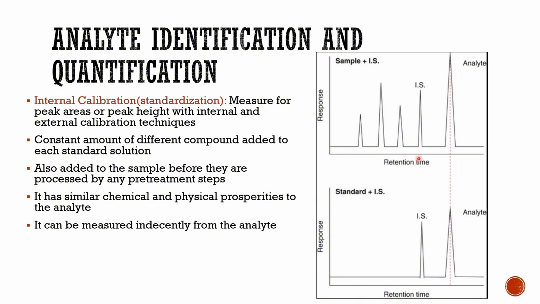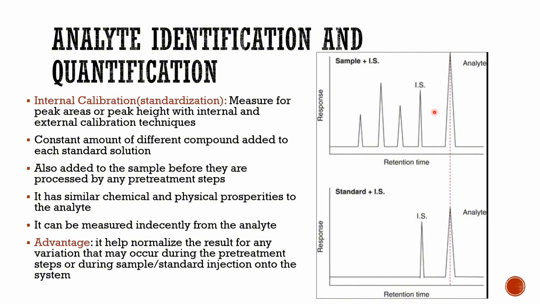So here you can see the internal calibrator, and here the sample and the external calibrator. The advantage is that it will help normalize the result for any variation that may occur during the pre-treatment steps or during sample or standard injection into the system. So you can be sure that the results are adequate for interpretation.